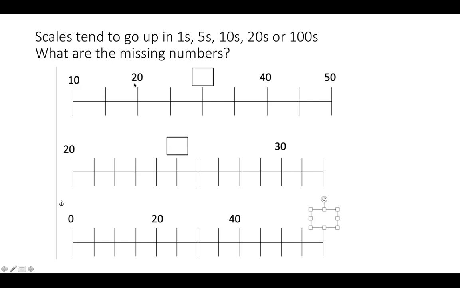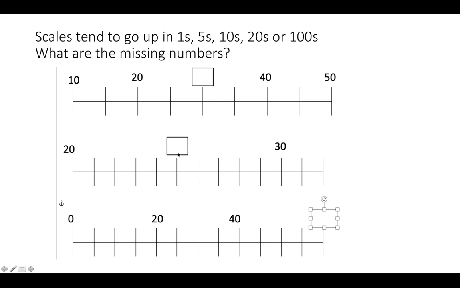That doesn't work. What if it goes up in 5s? 10, 15, 20. That works. Let's just check that. 10, 15, 20, 25, 30. So the missing number is 30. 35, 40, 45, 50.